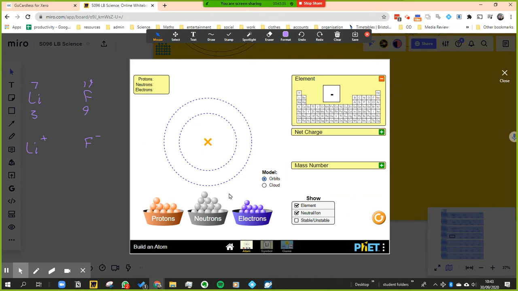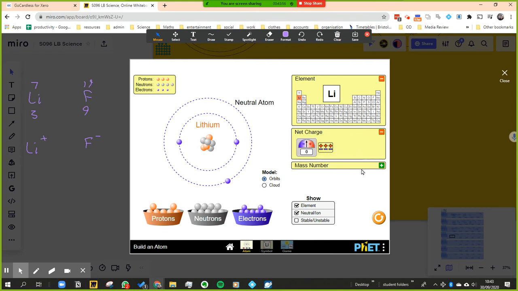Now if we make our lithium atom again, there's the lithium atom made. Again, neutral charge. The easiest way to make lithium a full outer shell is just to remove the one electron. So that forms a positive charge.